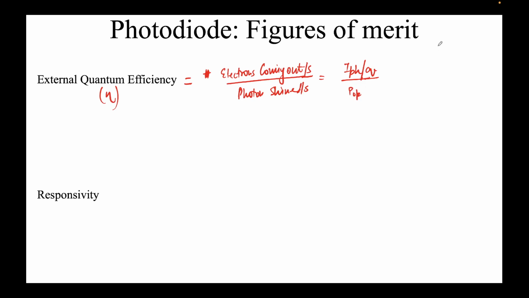That power is essentially the energy, n h nu, where n is the number of photons and h nu is the energy of one photon, per unit time. This is your optical power. To obtain the number of photons per unit second, it will be P_op over h nu, simple as that. The electrons coming out divided by the photons shined per unit second is the expression for external quantum efficiency.